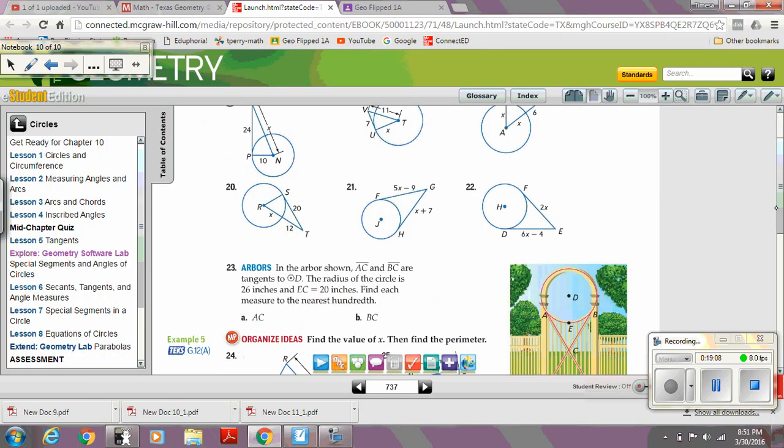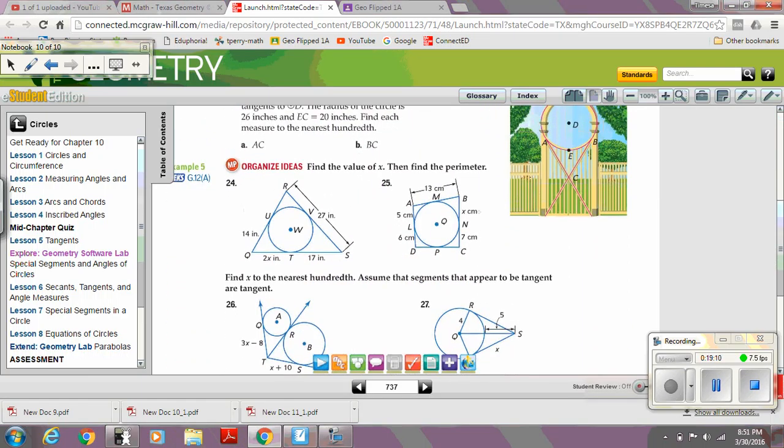And the last homework problem, number 24. Number 24 wants you first to find the value of x, and then find the perimeter of the outermost figure. So on 24, you see 3 sets of theorem 10.11.